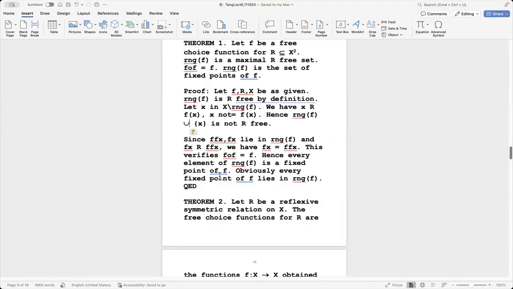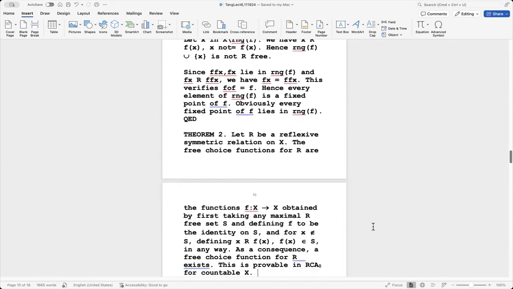This verifies that F is idempotent, i.e. every element of range F is a fixed point of F, another way of saying the same thing. And obviously every fixed point lies in range F. So we verified that the range of F is the set of fixed points of F.